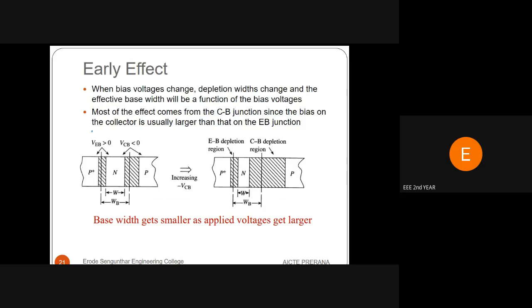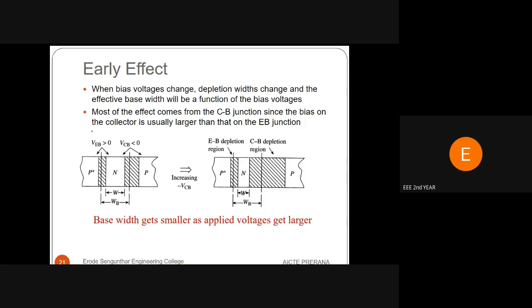Now let us discuss early effect. Early effect means junction J2 is reverse biased. We are varying the reverse bias voltage, and the depletion layer across the junction J2 increases. As the depletion layer increases, the base width of the transistor is reduced.